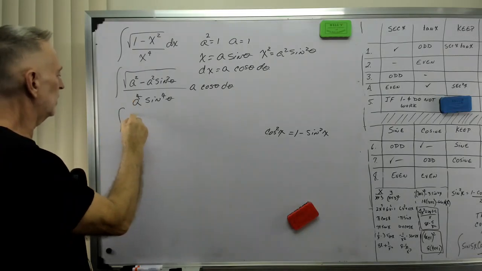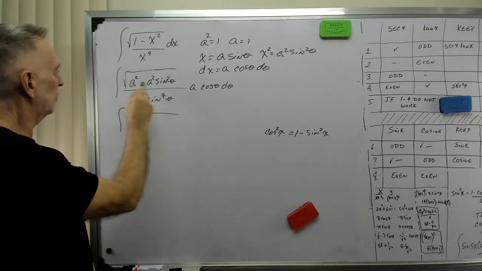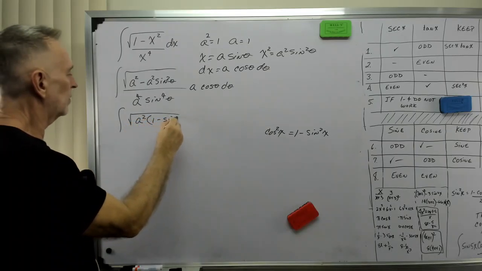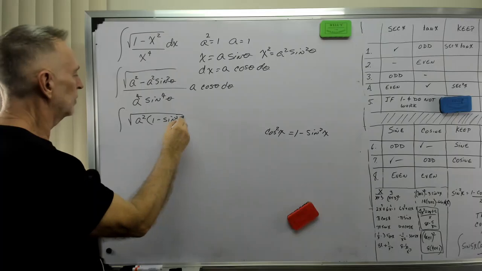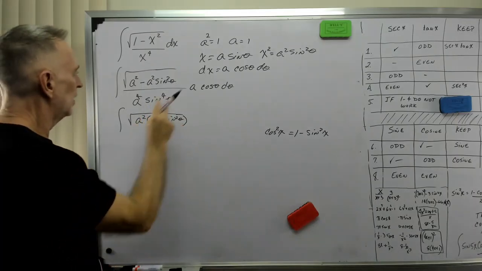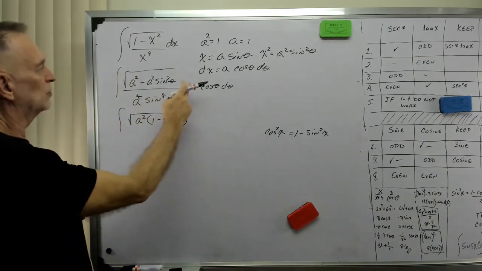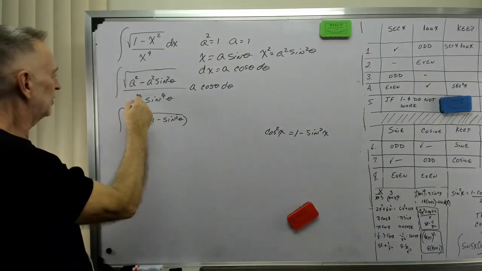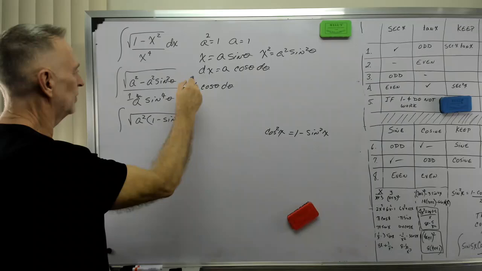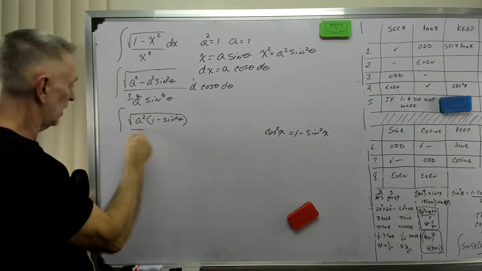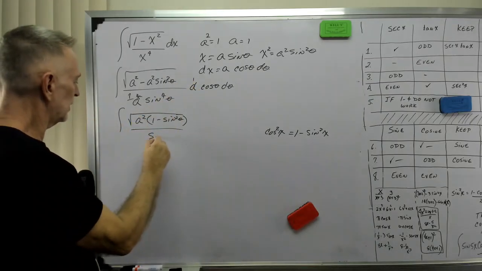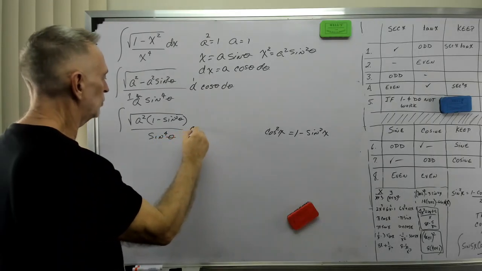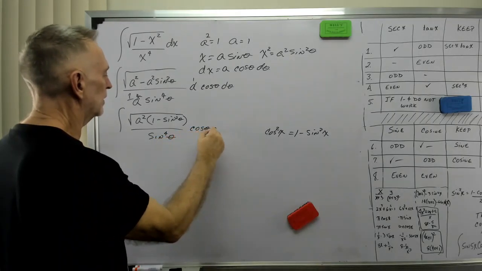I have the square root, I'll factor out the a squared times 1 minus sine squared theta. Oh, you can already see what's happening here. a is 1, so that becomes just a 1. That's a 1, so I end up with all of this over sine to the 4th theta cosine theta d theta.